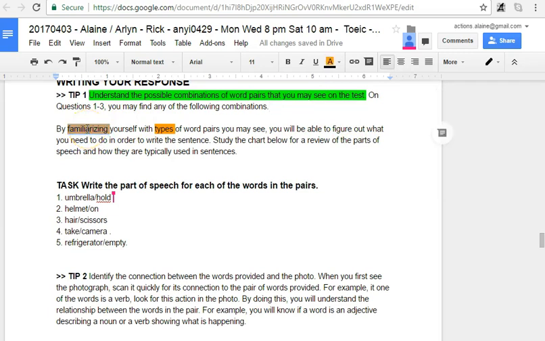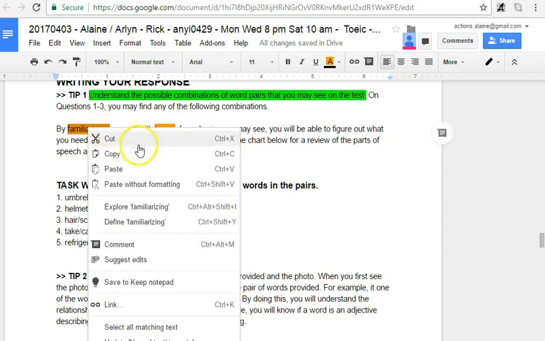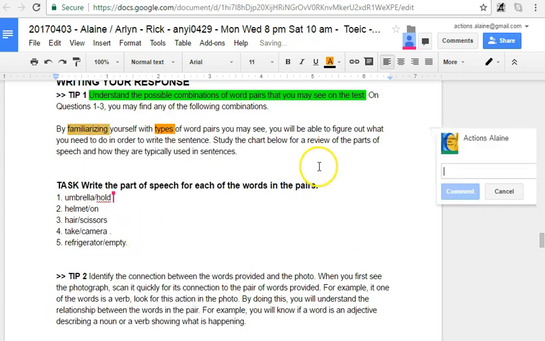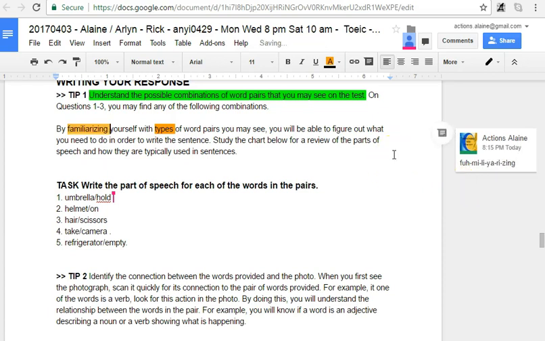May I know how you pronounce this word again? Familiarizing. I have commented the right way to pronounce the word.